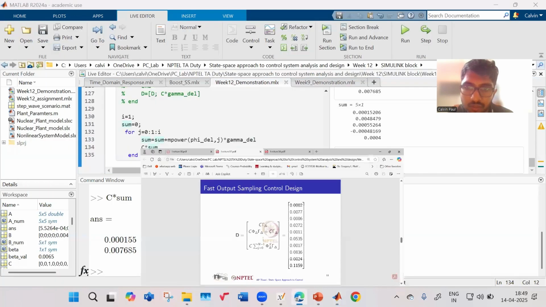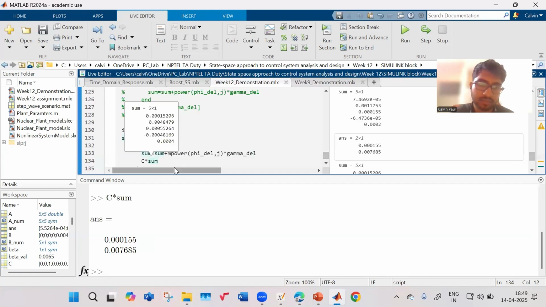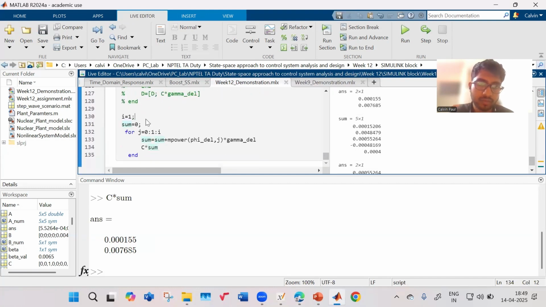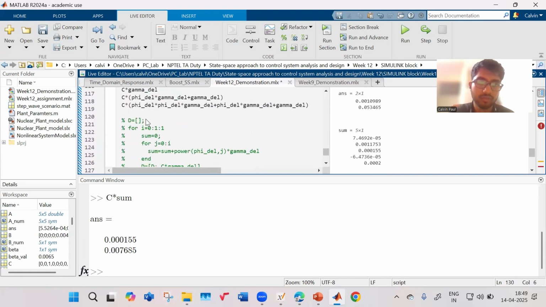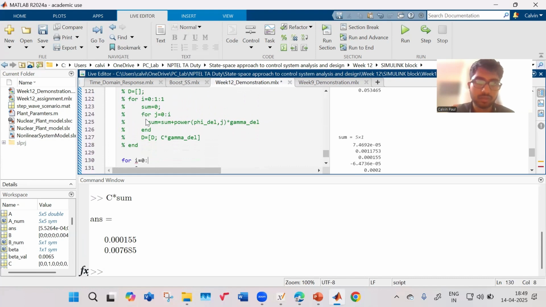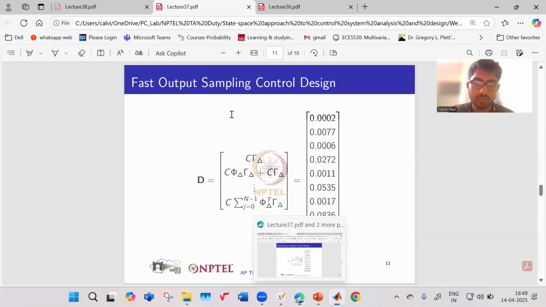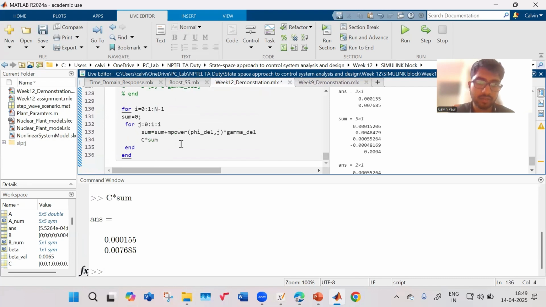Okay, 0.00052 and 0.027. Okay, it is matching. So now I is not 1. So I goes from 0 to 1 to n, which is going to n minus 1. Okay, n minus 1. This ends over here.